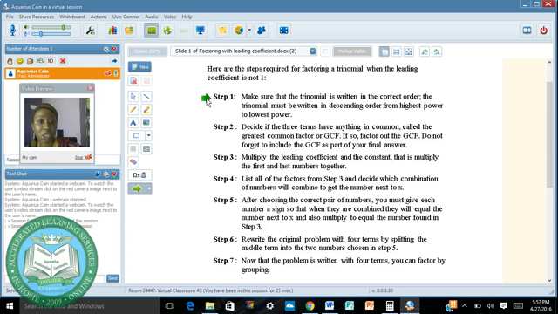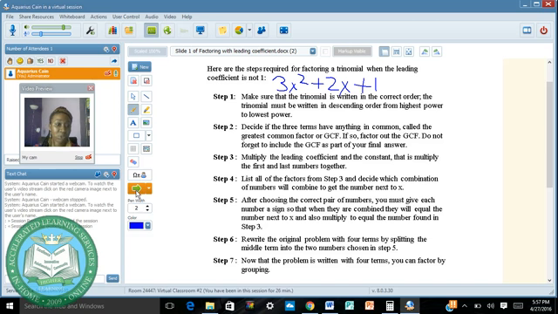So for example, we'll have 3x squared plus 2x plus 1. So we have 3 terms there. That makes it a trinomial. And notice how my terms are in descending order from the highest power to the lowest power.